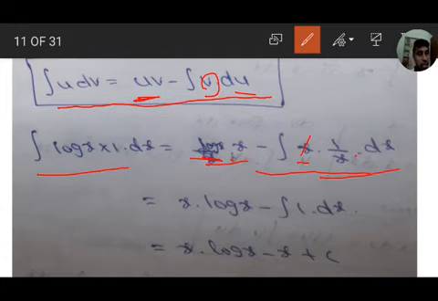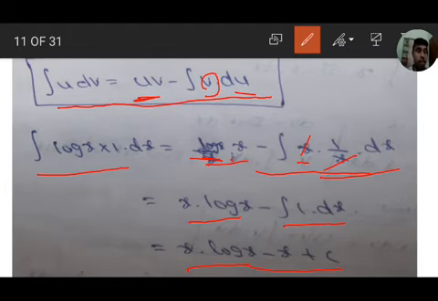This x cancels, x into log x minus integration 1 into dx. Integration of 1 is x, so x log x minus x plus c.